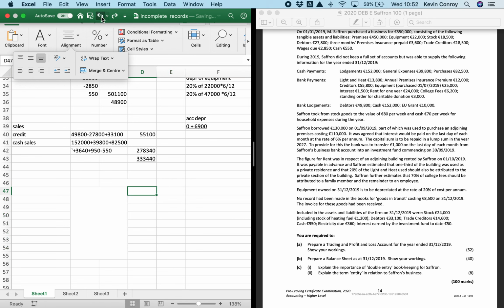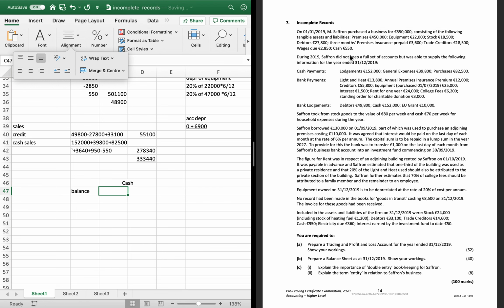I don't know what I did there. So if this was your T account and this is your cash account in effect, right? You would have your cash balance at the start of the year on the debit side. So your balance would be here on the debit side, and that would have been this number here, 550. Then you would have had all your cash payments on the right hand side.